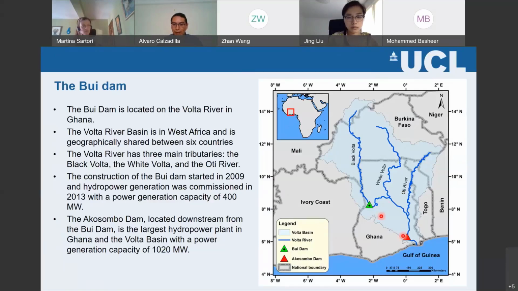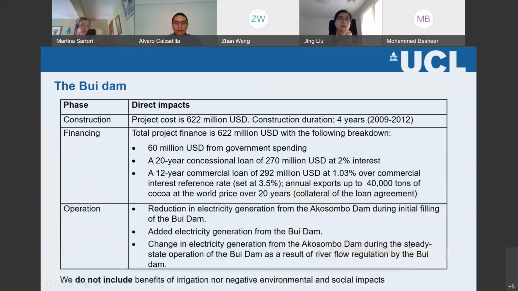The Akosombo Dam, which is located here, downstream from the Bui Dam, is the largest hydropower plant in Ghana and in the Volta River Basin. And it has a power generation capacity of 1,020 megawatts. These are the characteristics of the Bui Dam. So we are going to divide this into the 3 main phases that we identified: the construction phase, the financing phase, and the operation phase.